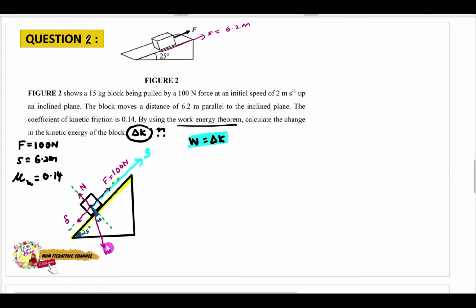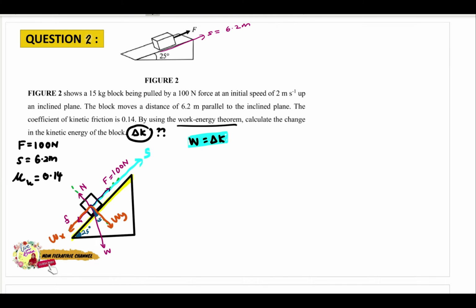We have W straightly downward. Saya prefer untuk resolve WY and WX. So we are going to resolve WY straightly downward, and then WX. So kita akan ada WX, friction, and F.